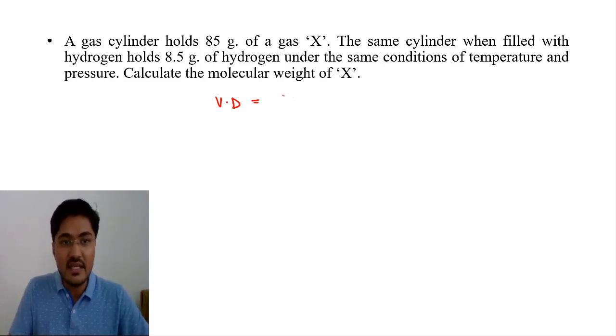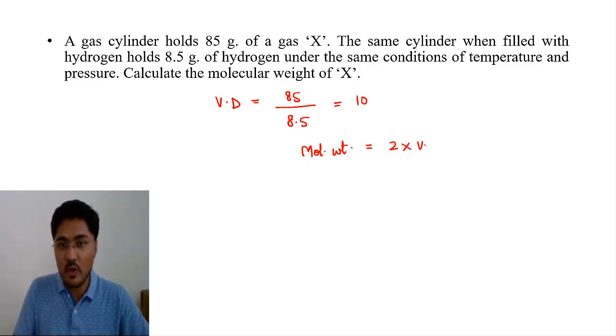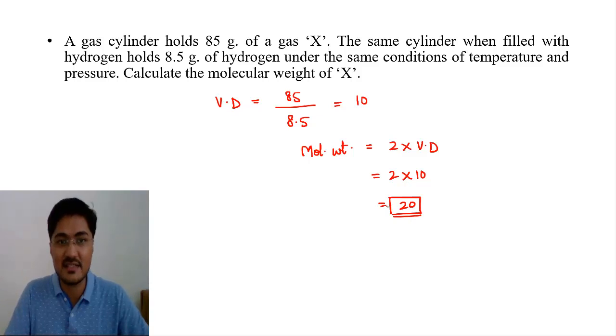Vapor density equals weight of the given gas in some volume divided by weight of the same volume of hydrogen gas. So we get vapor density equals 10 and molecular weight equals twice the vapor density. So 2 into 10, that is 20, will be the molecular weight of the given gas X.